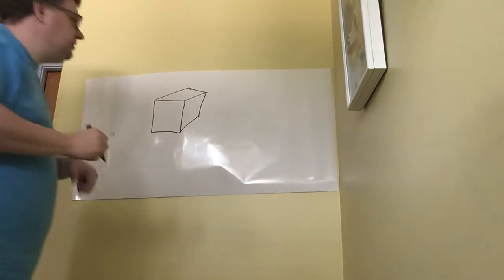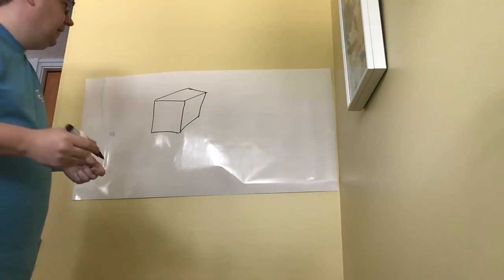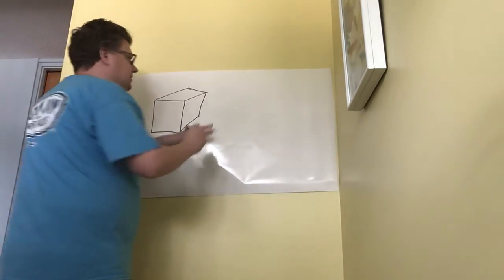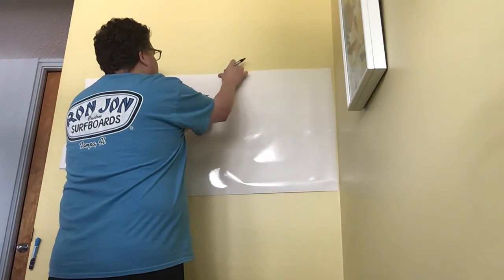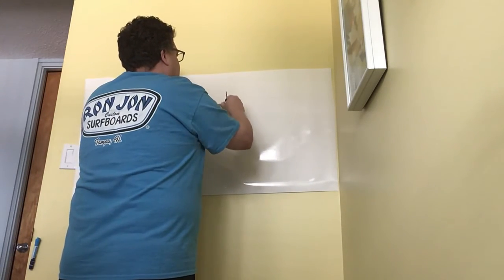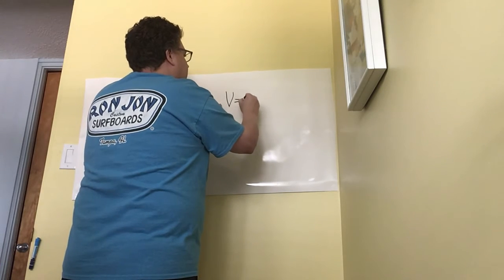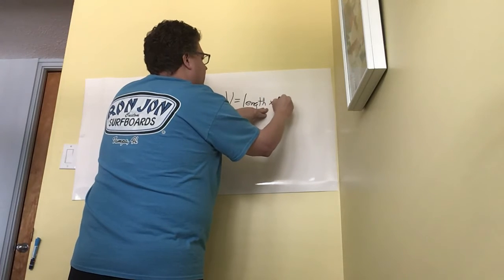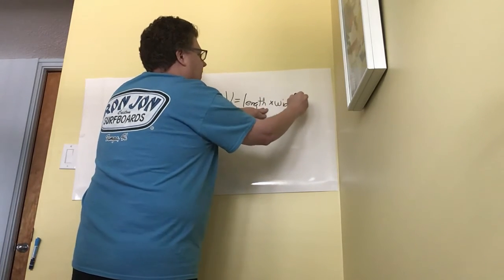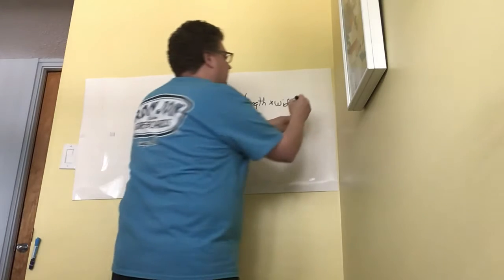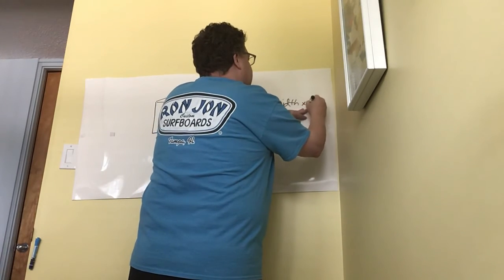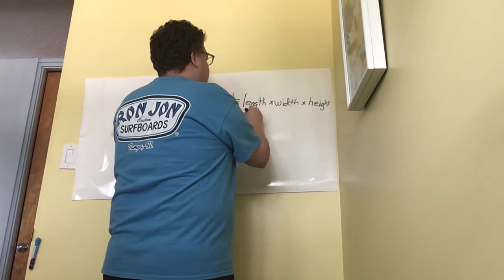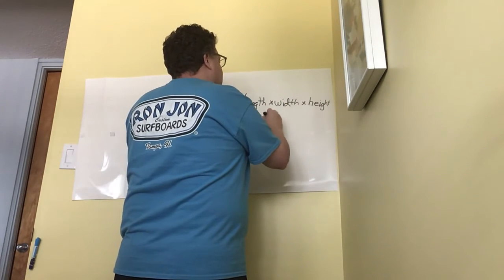Okay, so there's your cube, all right, and we are going to have 3 measurements, okay, because volume equals length times width, and if you can guess, the third one is height, okay, or L times W times H.